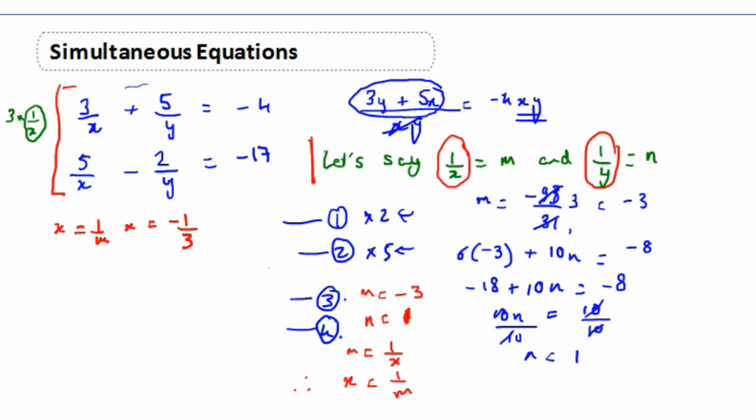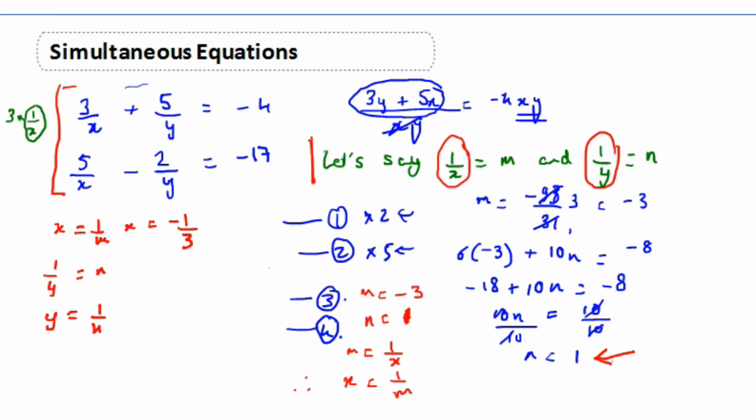What about y? We had assumed that 1 upon y is equal to n, or we can say that y is equal to 1 upon n, but the value of n that we had found out was 1, right?